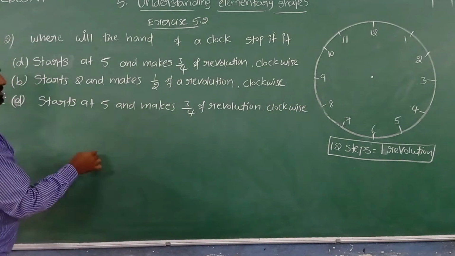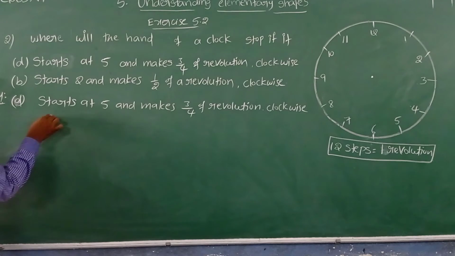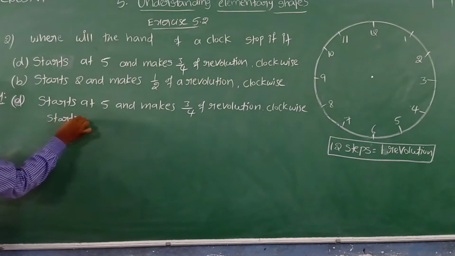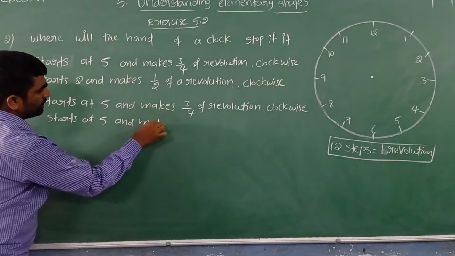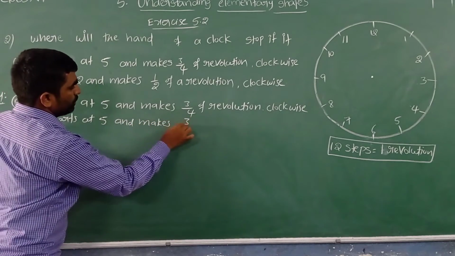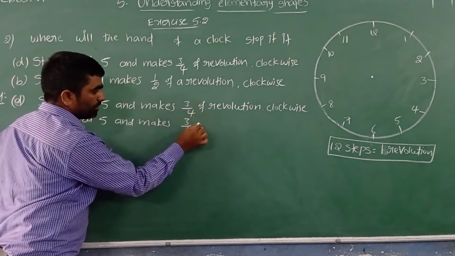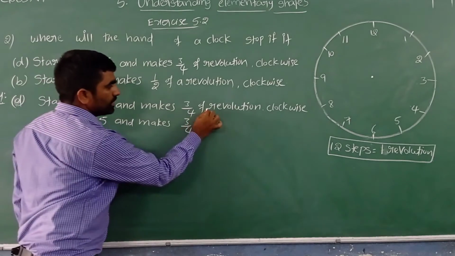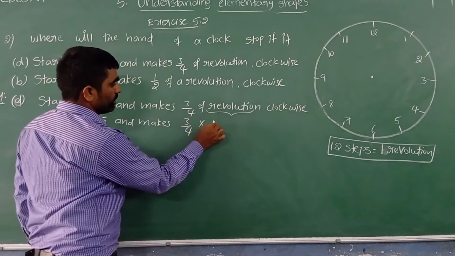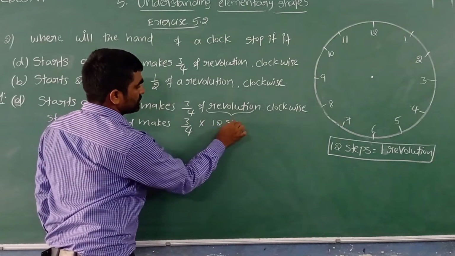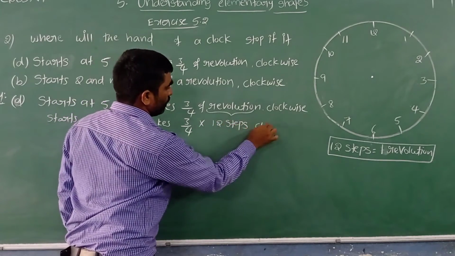Here "of" is nothing but multiplication. See, a revolution means how many steps? A revolution means 12 steps, clockwise.